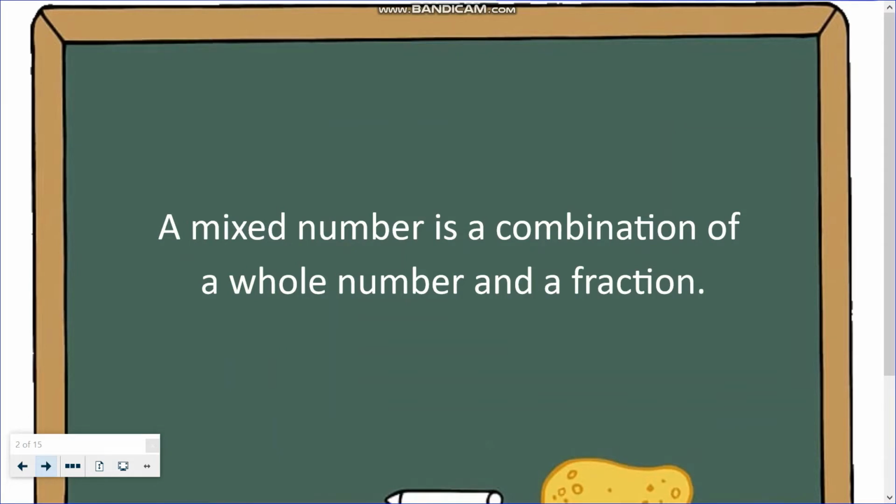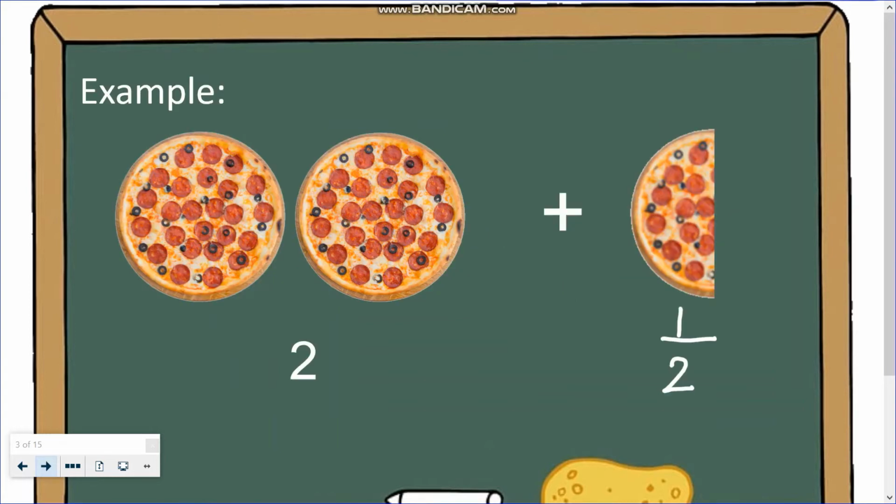Let's take a look at the following example. You will see that I have 2 pieces of pizza on the left side and 1/2 pizza on the right side. So 2 pieces means 2 whole, and on the other side, I have 1/2, which is a fraction. If I add this together, it will give me 2 and 1/2.